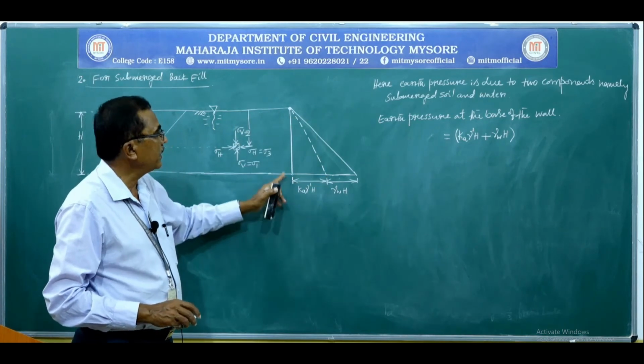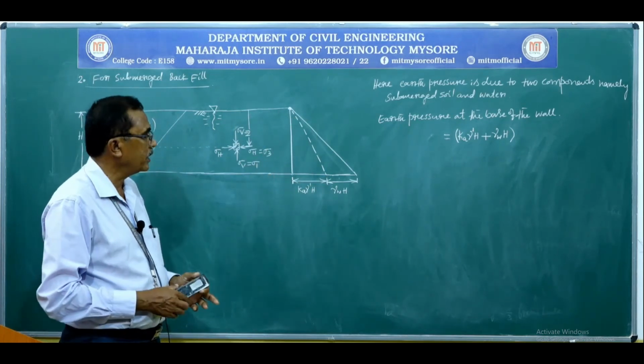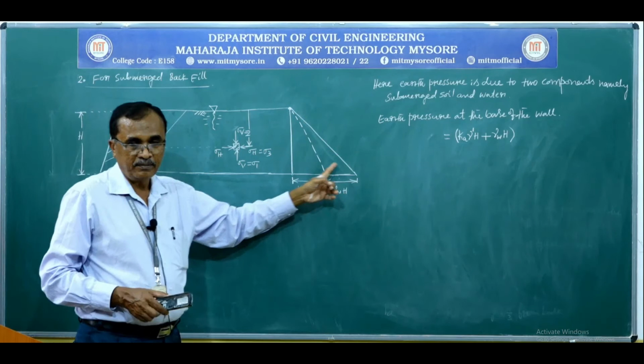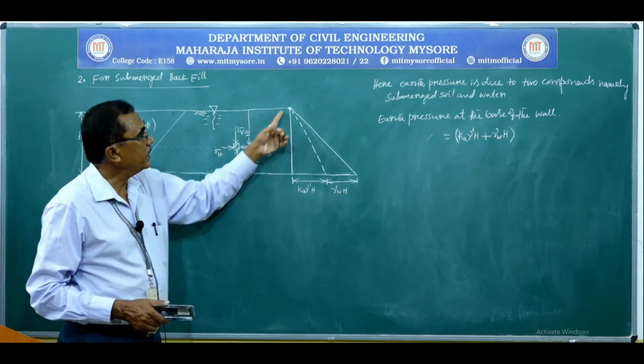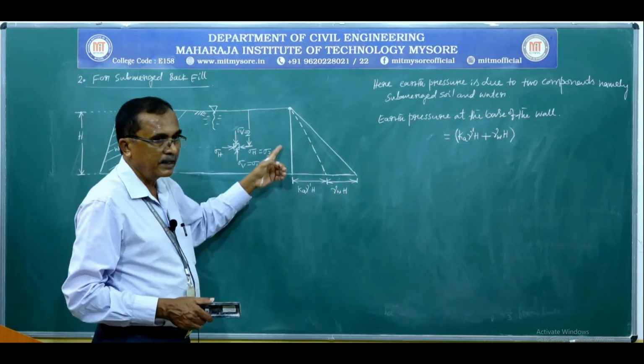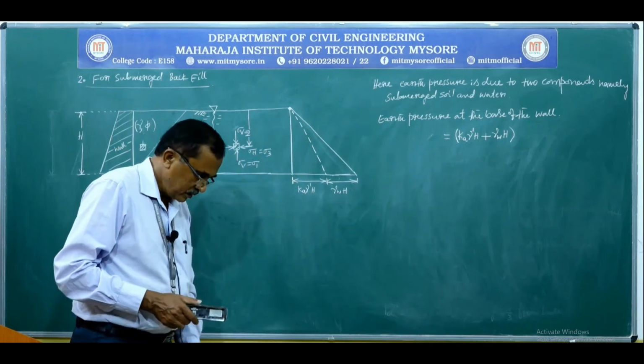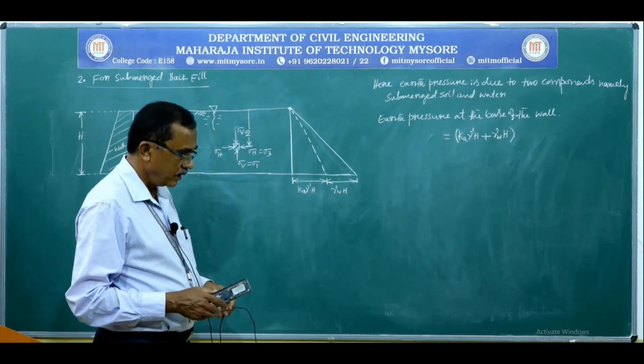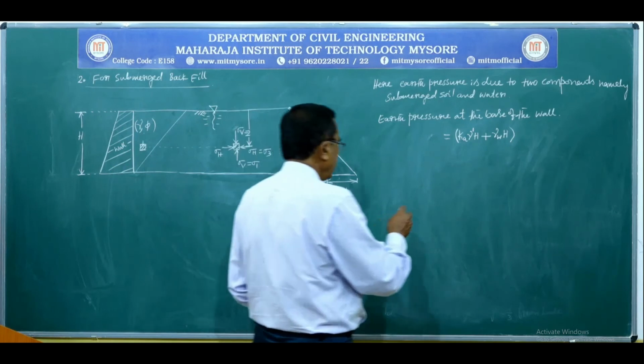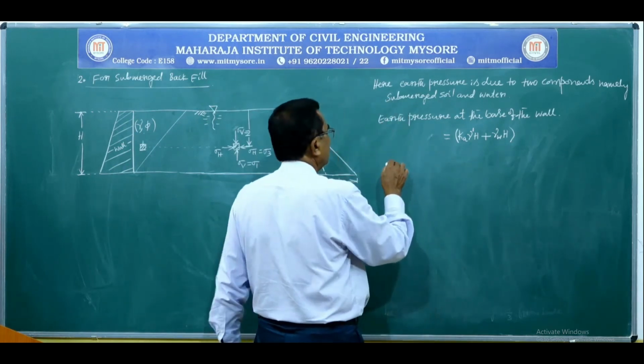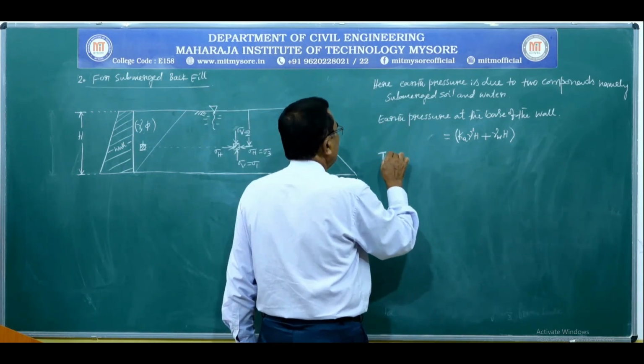The total active earth pressure acting on the wall is equal to the area of the pressure distribution diagram. Here again the pressure distribution diagram is a triangle. Directly we can use the triangle concept and calculate the total active earth pressure.